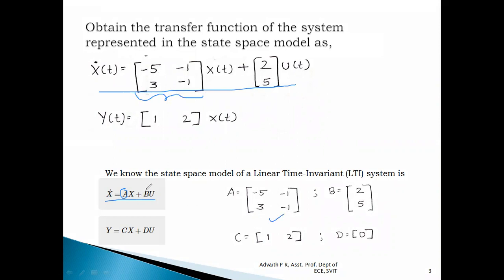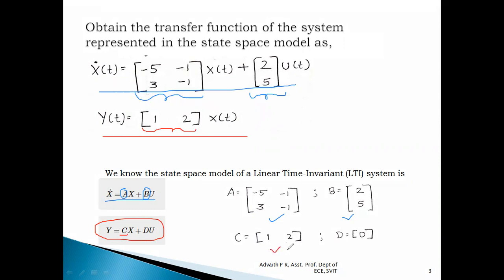Next, in place of B, we have been given one more matrix, a 2 cross 1 matrix, 2 rows and 1 column. Hence, B matrix is having the elements 2 and 5. Similarly, if we compare the equation of y of t, in place of C, we have a 1 cross 2 matrix, 1 row 2 columns, having the elements 1 and 2.